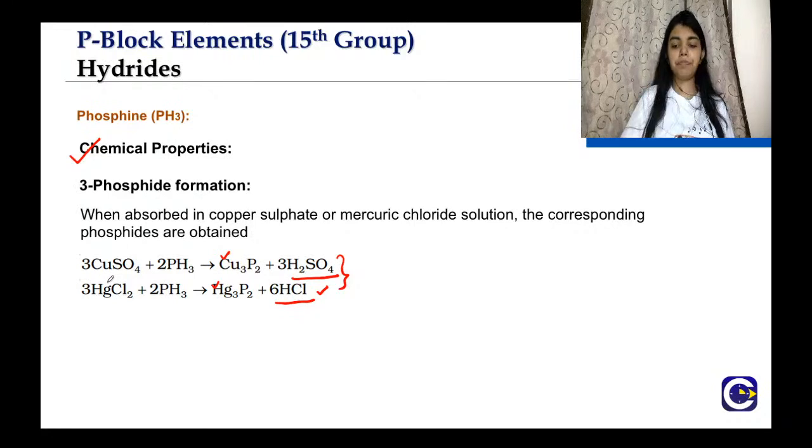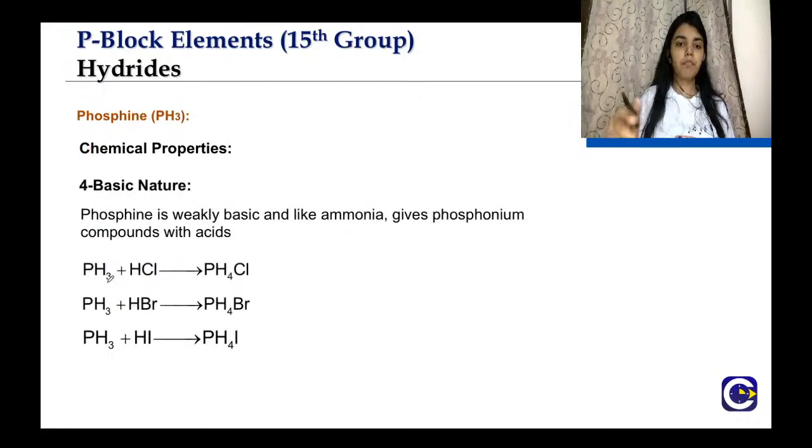Coming to the basic nature, phosphines are basic in nature. As we have discussed, as we go down the group, the basicity of group 15 hydrides decreases, so phosphine is weakly basic, and like ammonia, it gives phosphonium compounds. What is phosphonium? As NH4+ is ammonium, similarly PH4+ is phosphonium, right?